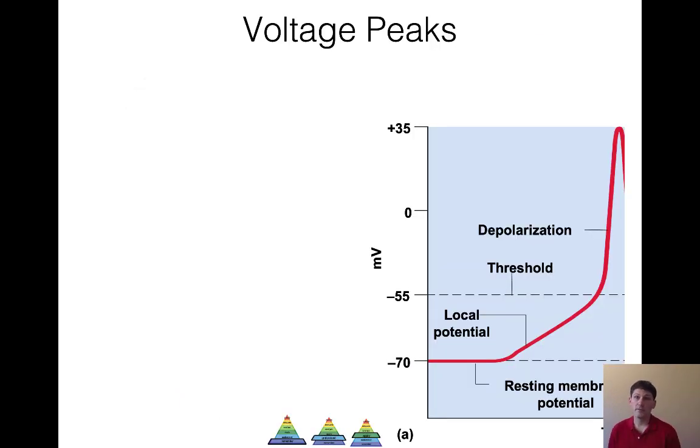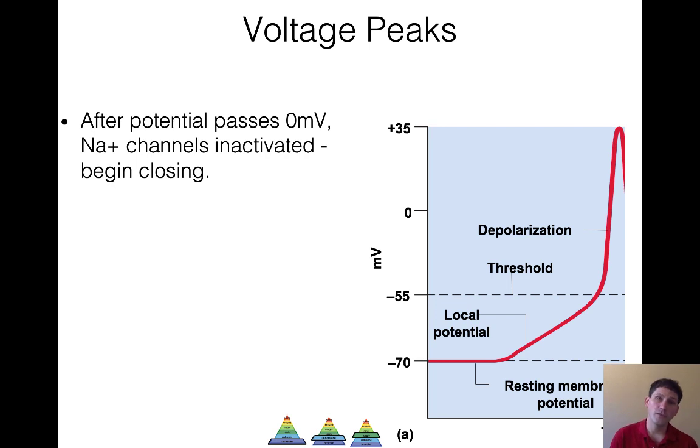So what happens then is our voltage eventually peaks. And so when our voltage passes 0, our sodium channels start becoming inactivated and they start to close. So again, when you look at that sodium channel, negative 55 is going to open it up. At 0, they're starting to close.